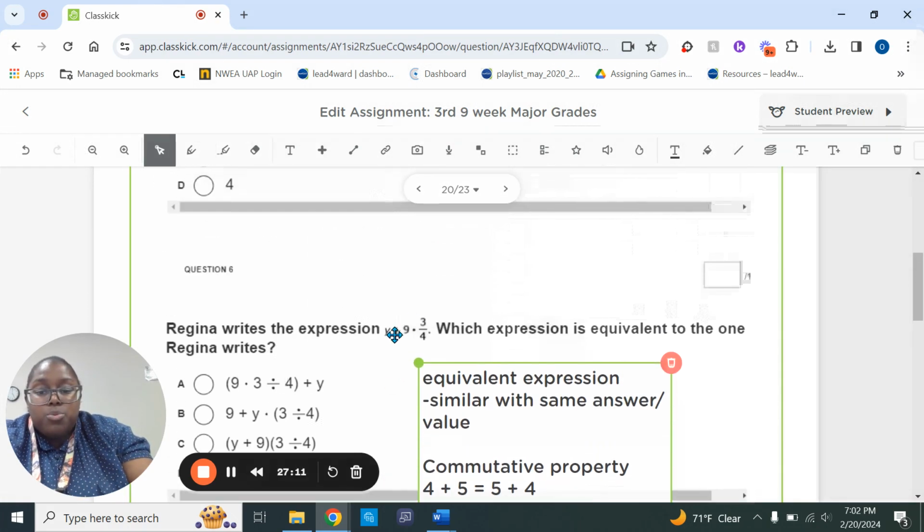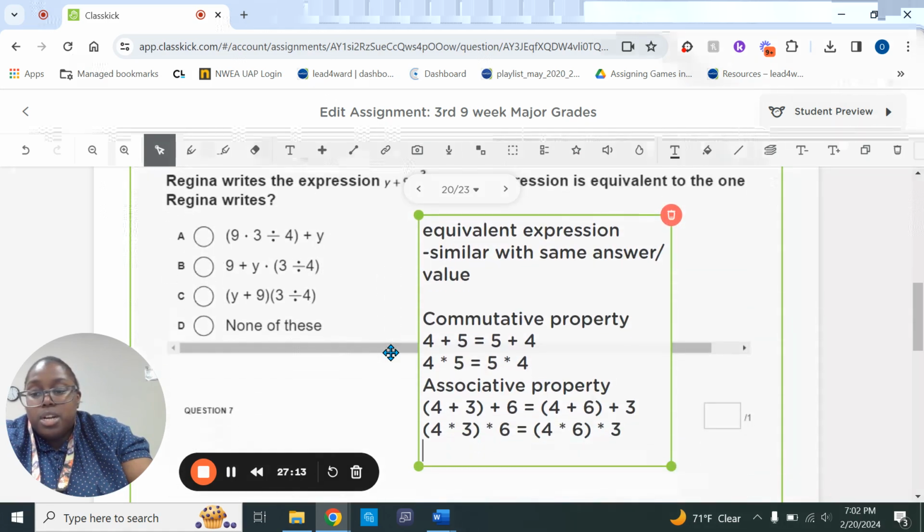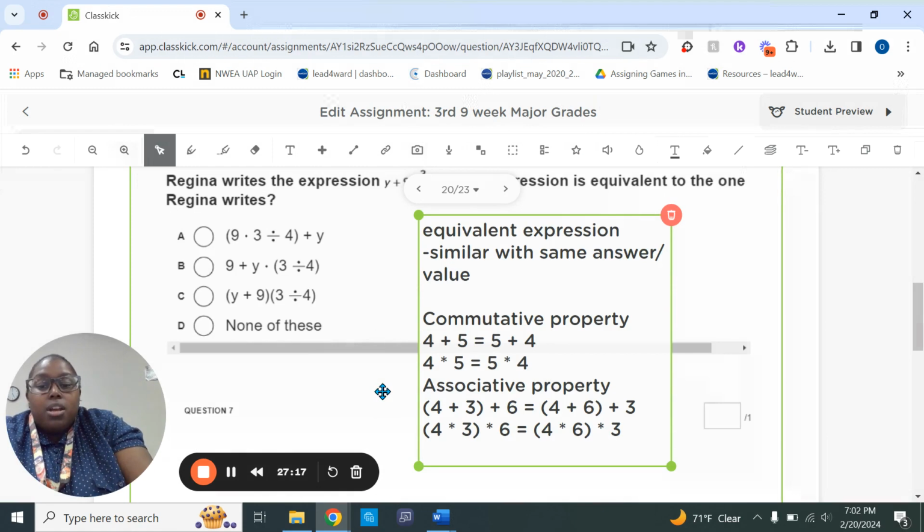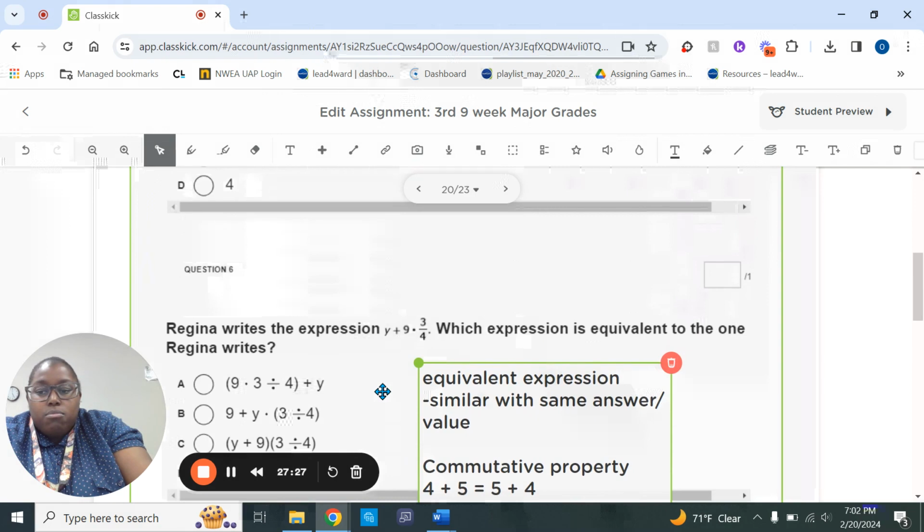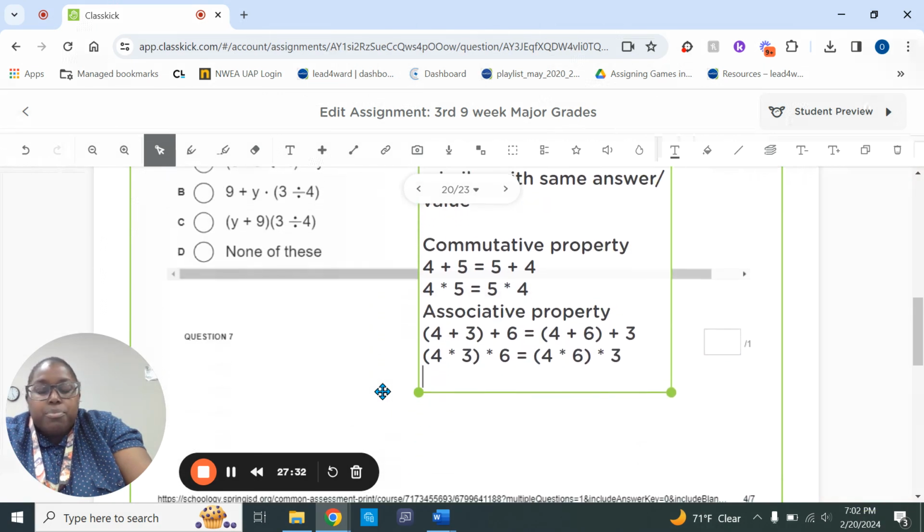The only problem with this, we don't know what this equals, so we know it's not additive inverse. And then you've got the inverse property for multiplication, which means you have to use the reciprocal of what you have. And yeah, we're not doing that one either. The last but not least is the distributive property.